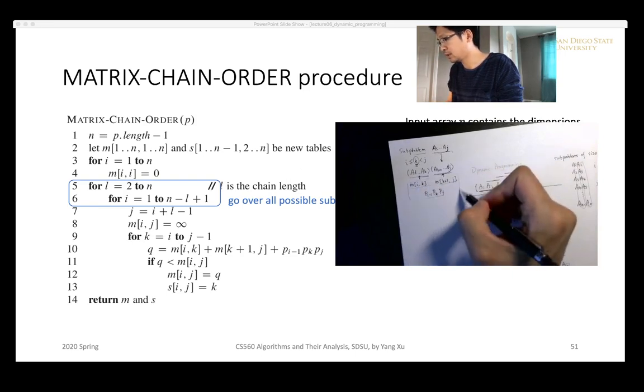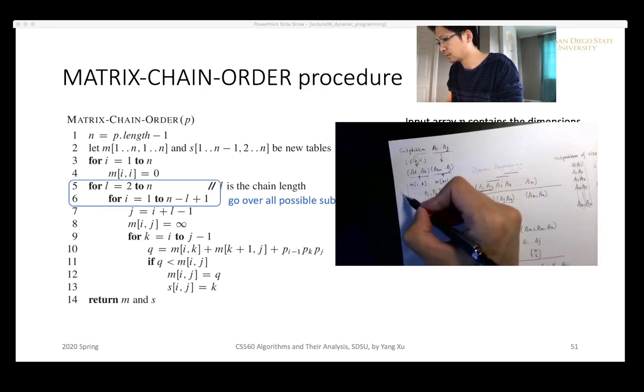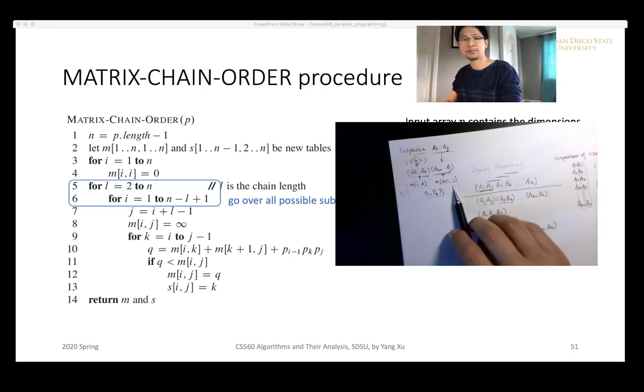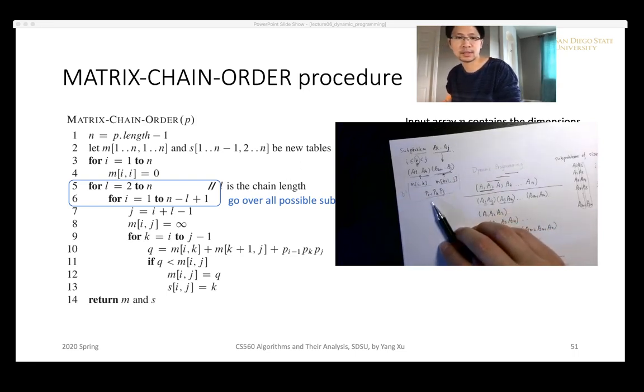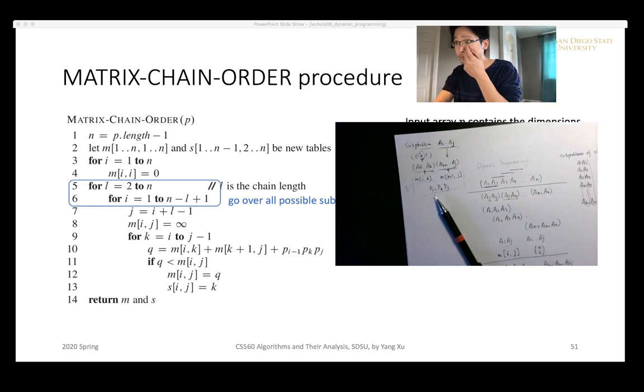And then we compare Q with the original Mij, which is initialized by infinity, right? So if Q is smaller than that number, then we will replace the Mij with Q, and then we also store K into the S array.